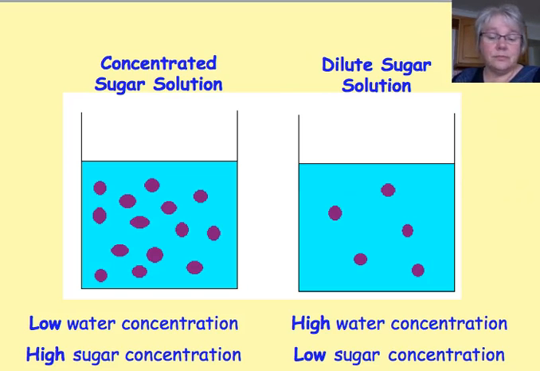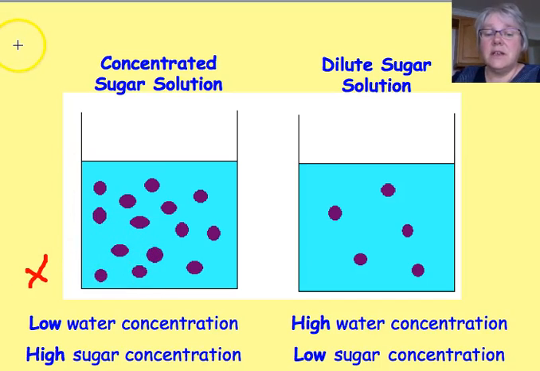And if we look at the water concentrations, it's easier to recognise what direction that water is going to move in. So if you've got something which is a high concentrated sugar solution, for example, like the example we've got over here on this side, you'll see that if there's a lot of sugar in the solution, you have a high sugar concentration, you'll have a lower water concentration.